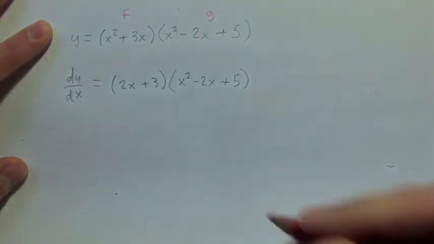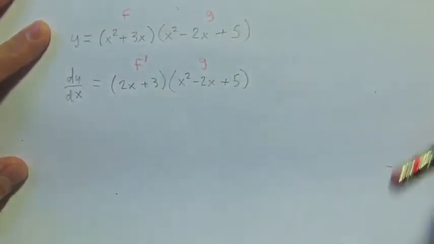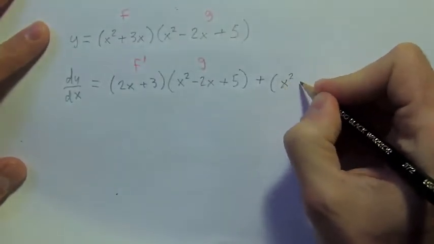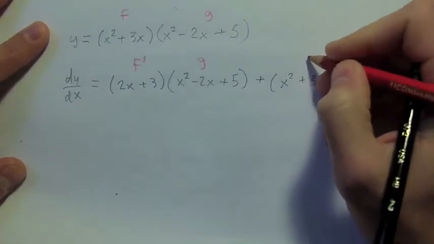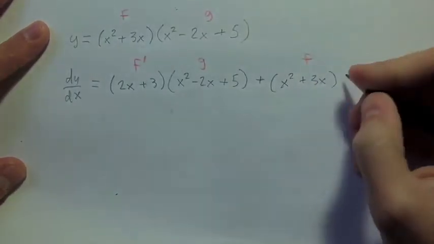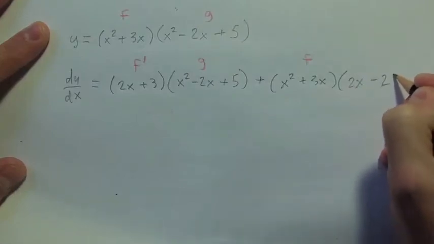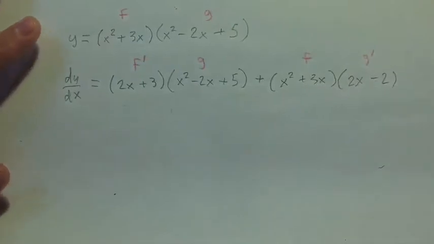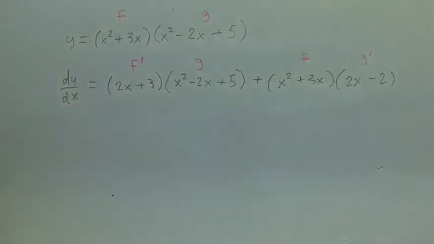Okay, so here's my f prime, here's my g left alone, plus the first guy left alone, which would be x squared plus 3x. Okay, so that's f. Then times the derivative of the second, which will be 2x minus 2. That's g prime.